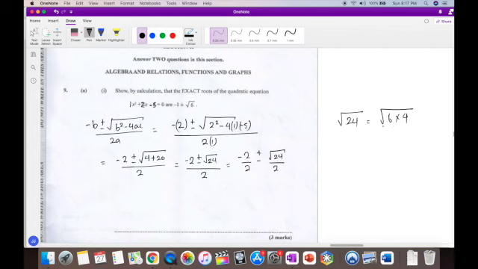So we can actually split this up to give us the square root of 6 times the square root of 4. Right? And we know that the square root of 4 is 2. 2 2s are 4. So therefore the square root of 24 is the same as 2 root 6.